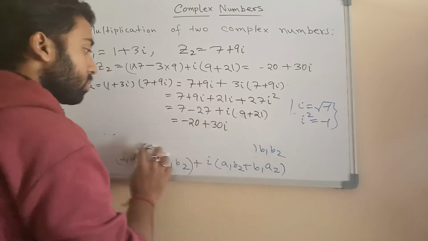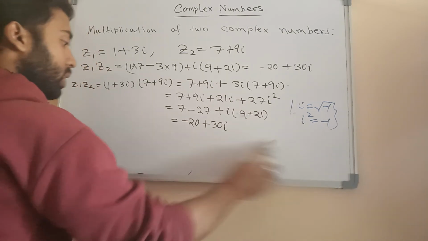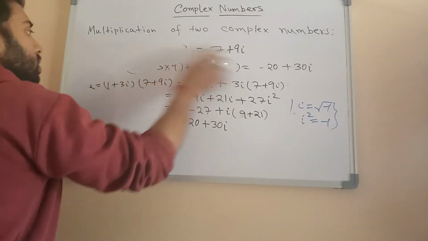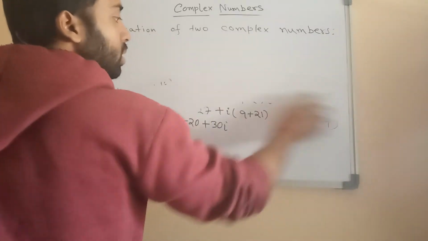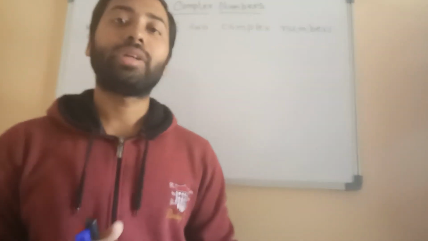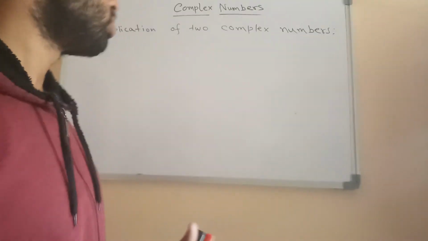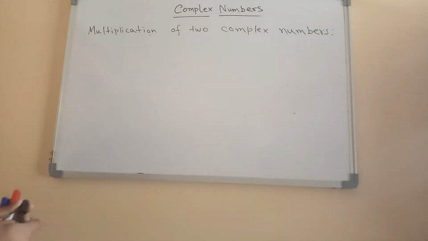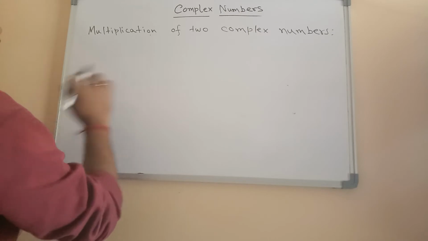Next we will check the properties of the set of complex numbers under the multiplication sign. We'll find the multiplicative identity, multiplicative inverse, all those things as we did in the case of addition.